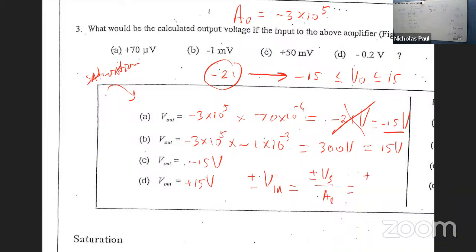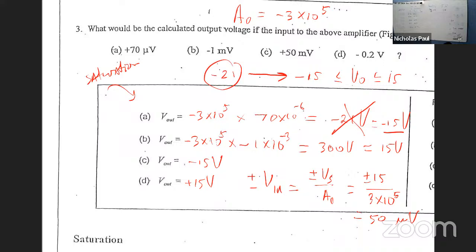Your supply is plus and minus 15, your gain is 3 by 10 to the positive 5. How much is that? 15 divided by 3 by 10 to the 5. 50 microvolts, 5 by 10 to the minus 5.